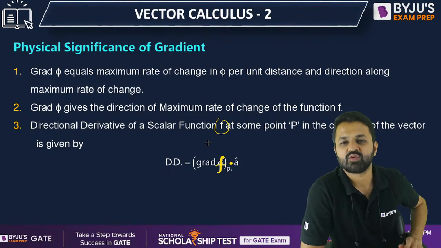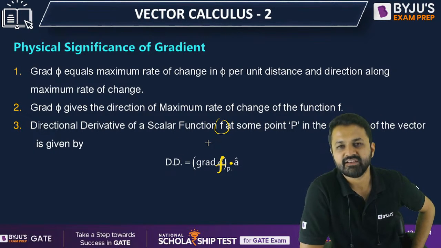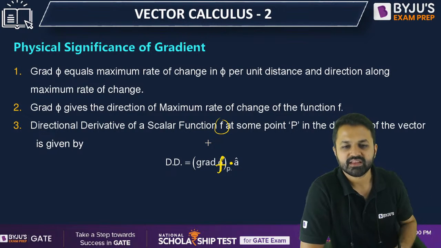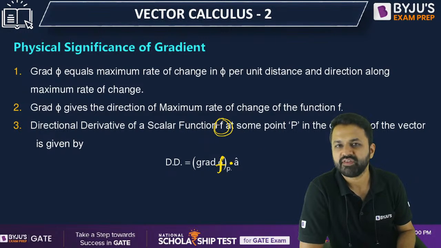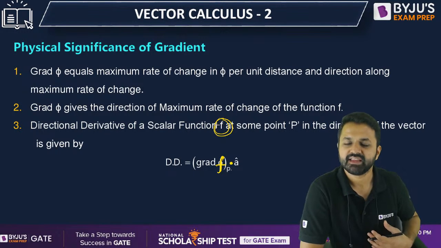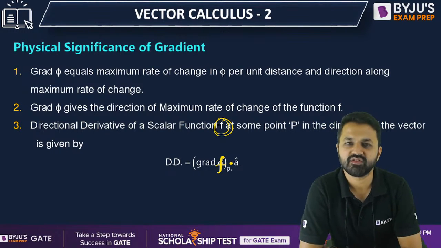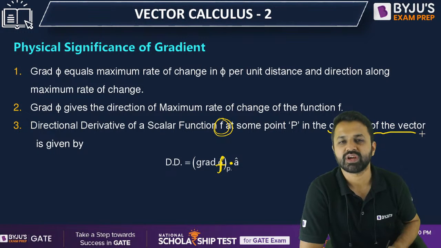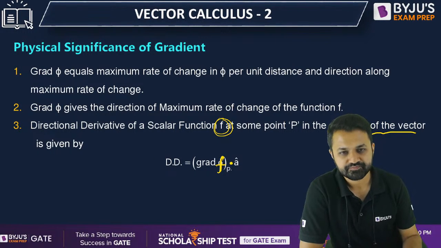Suppose you want to calculate the directional derivative in the direction of vector A: calculate the gradient of f at the point at which you want the directional derivative, and then take the dot product with the unit vector of A.